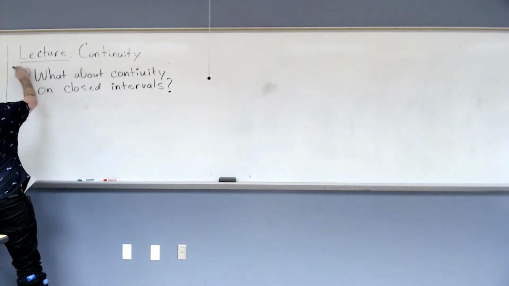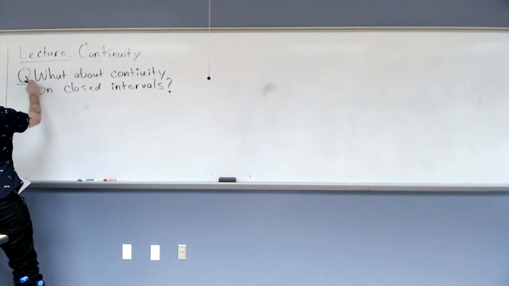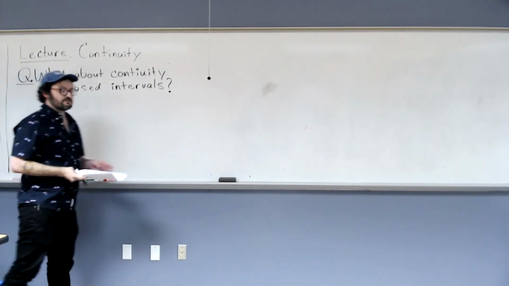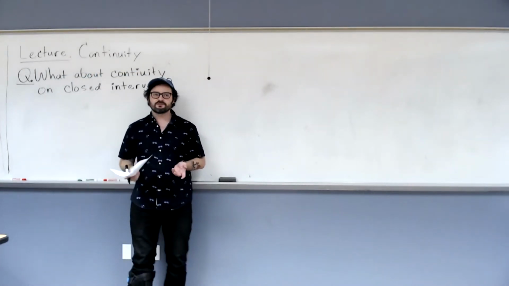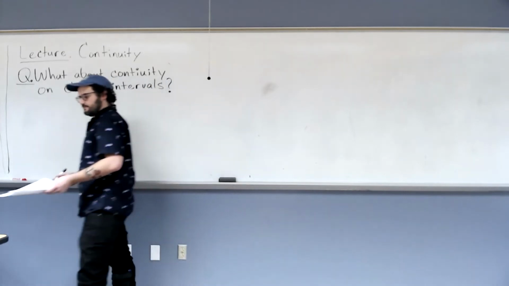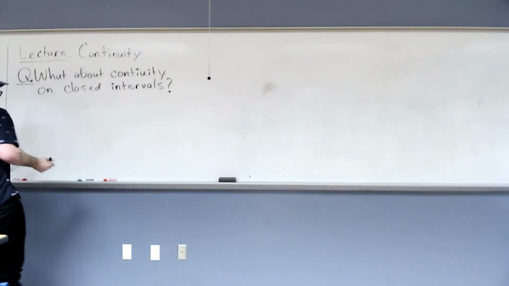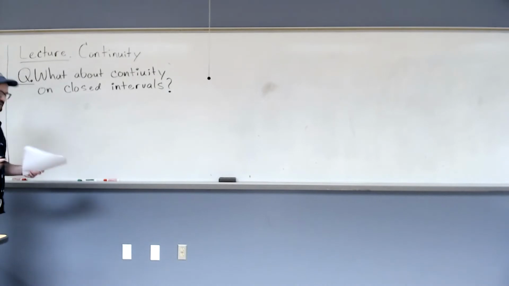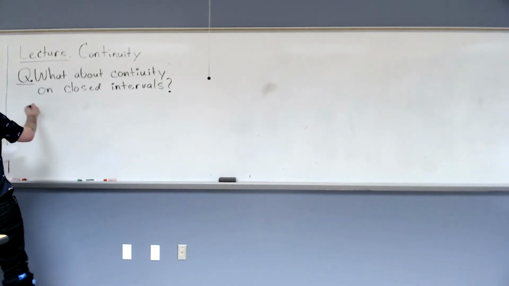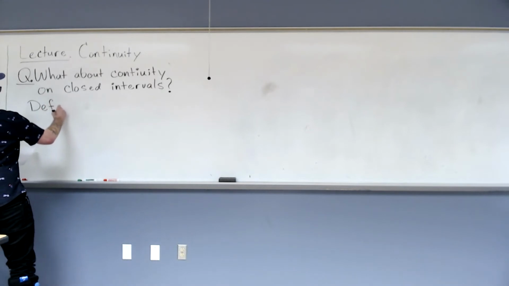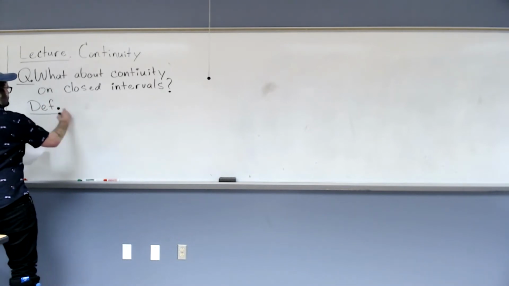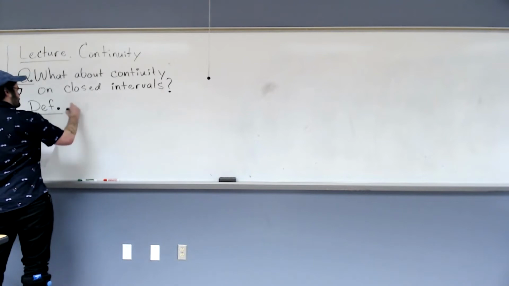Okay. Now, to answer this question, or to define continuity on closed intervals, we need a definition. But the definition I'm going to introduce is something that we've already been talking about. So, definition. I'll just write it out.